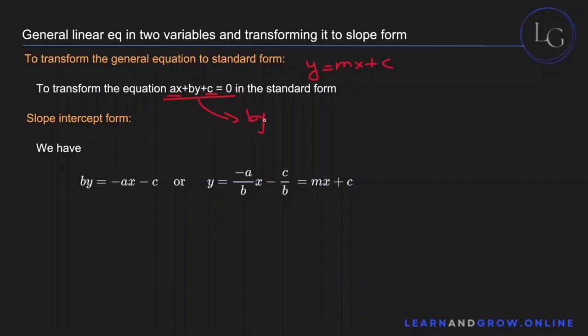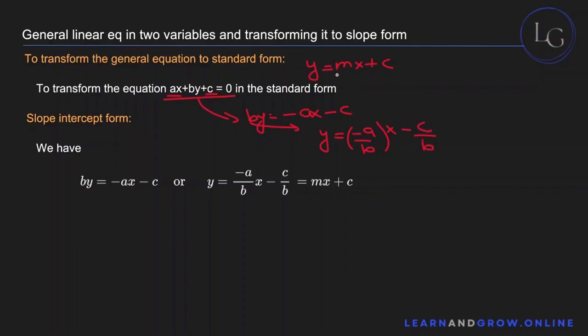So by is equal to minus ax minus c. And then you divide by b on the right hand side. So y is equal to minus a over b x minus c over b, right?